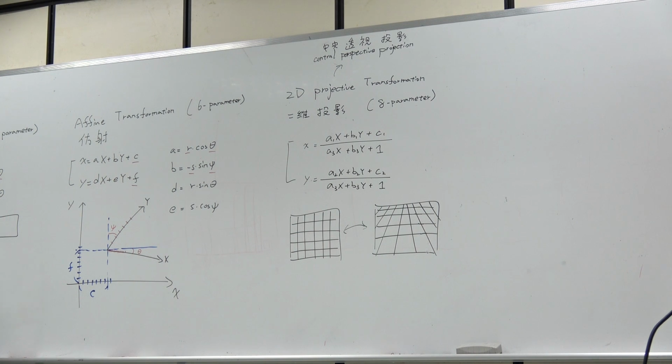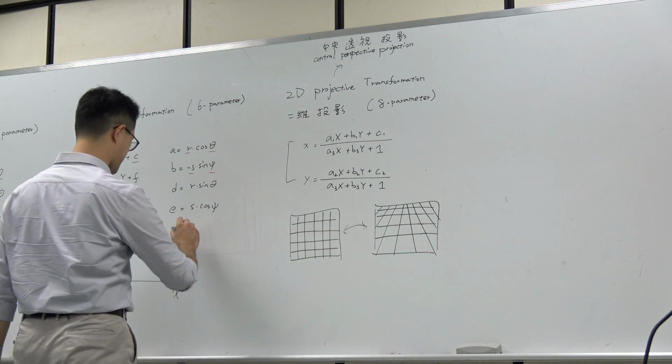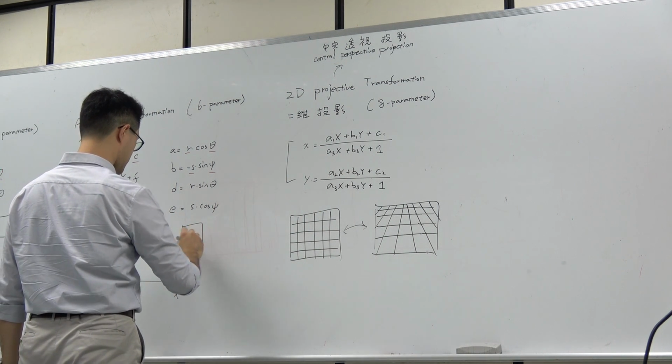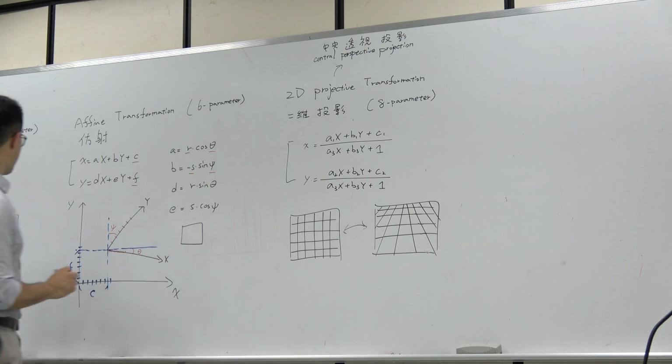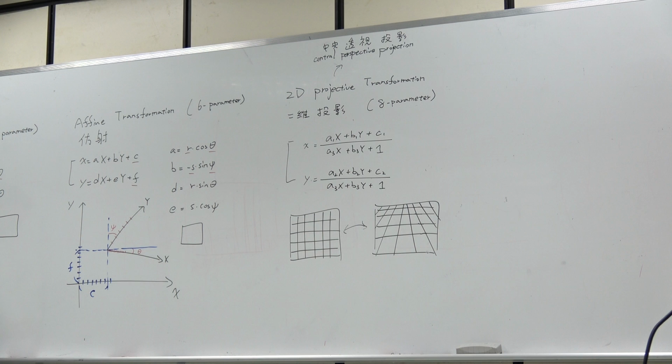So conformal transformation can only help you to transform square to square. So that's basically what it does. But how about affine transformation? If I have a square, what other shapes can I derive by using affine transformation? What's your name? Angie. So what other shapes?